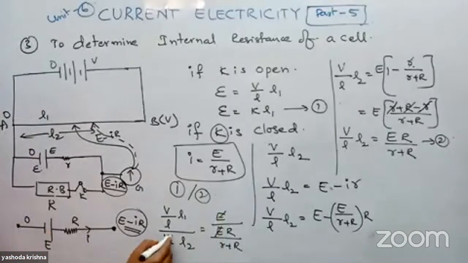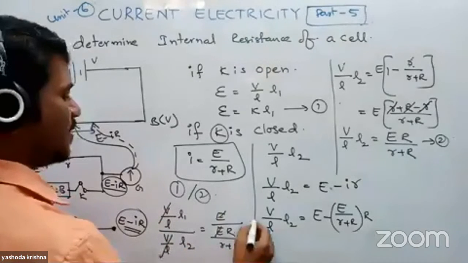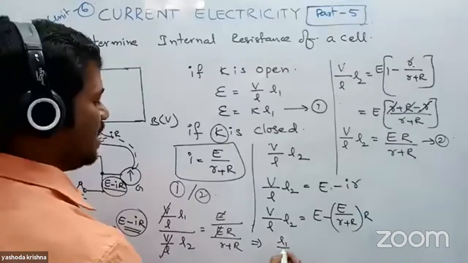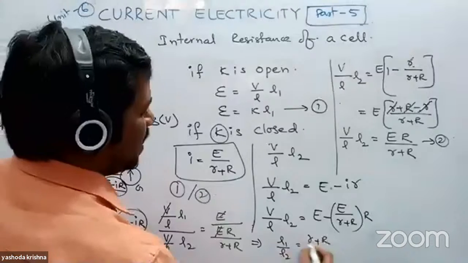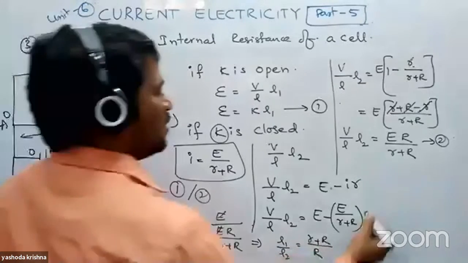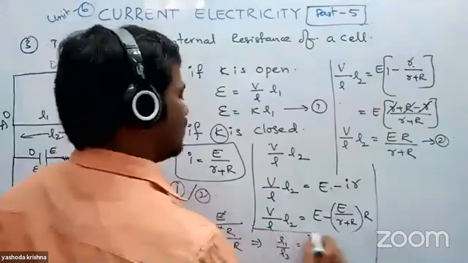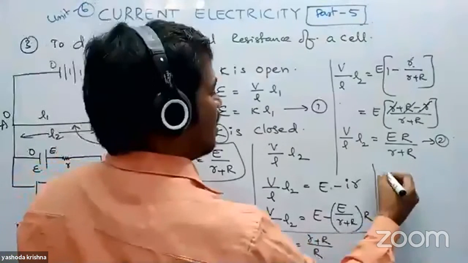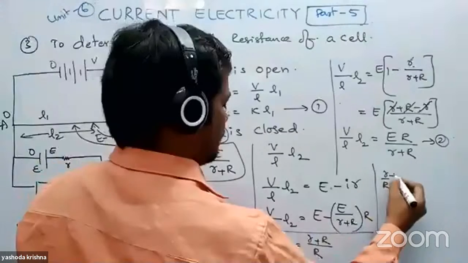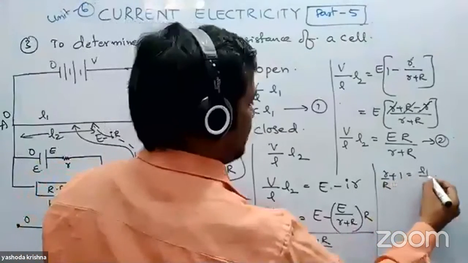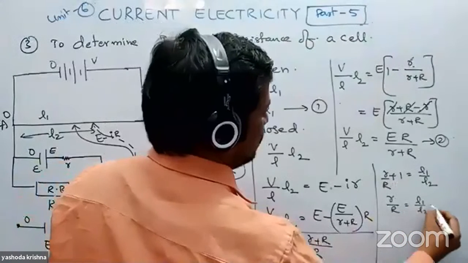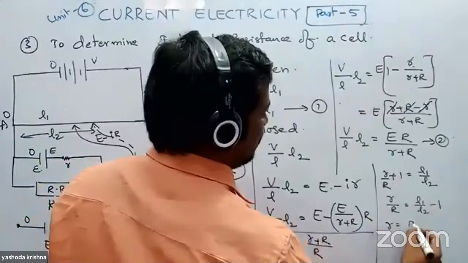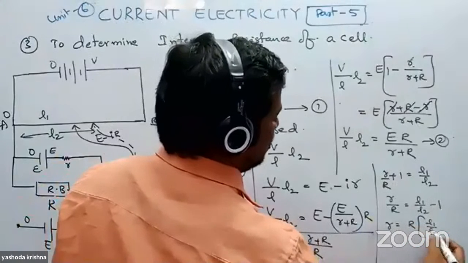E gets cancelled, V by L gets cancelled. Then L1 by L2 is equal to R plus r by R, or R plus r by R is equal to L1 by L2. So r by R is equal to L1 by L2 minus 1. Therefore r is equal to R into L1 by L2 minus 1.